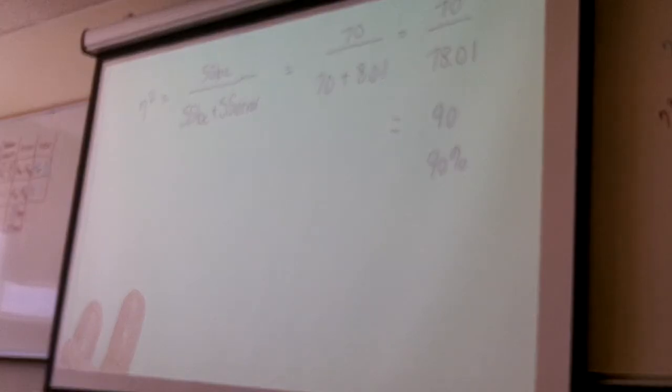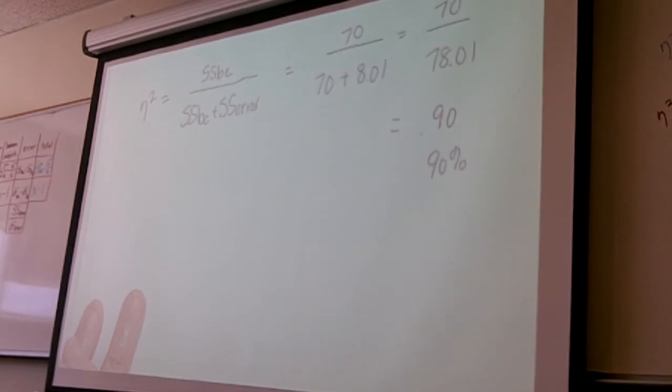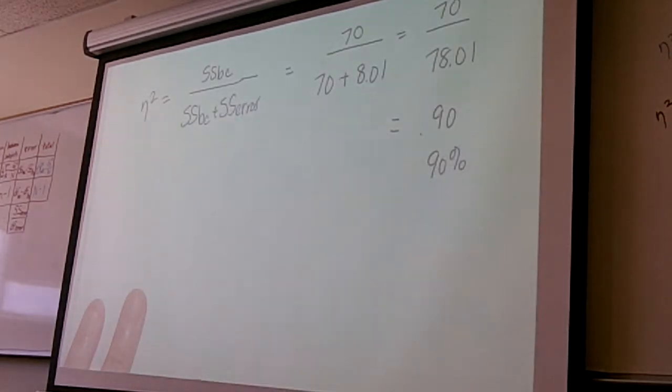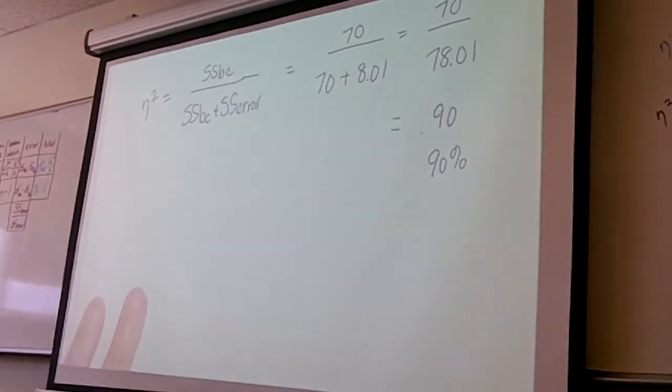Is that a small, medium, or large effect? That's incredibly large. So basically, here's the message. Practice makes perfect. Right? If you practice, you make fewer mistakes. There's the math to prove it right there. It's a giant treatment effect. How much of the children's change is a result of our manipulation?